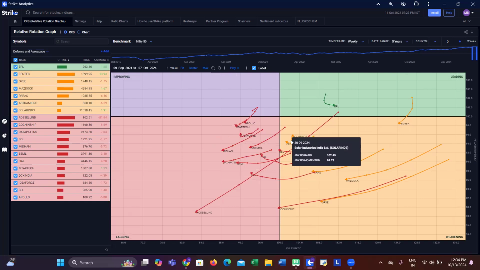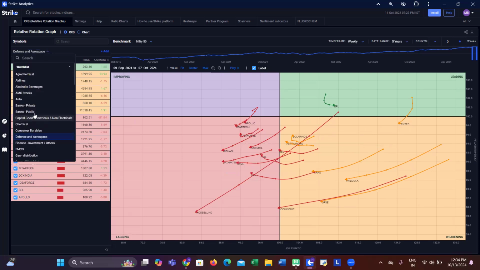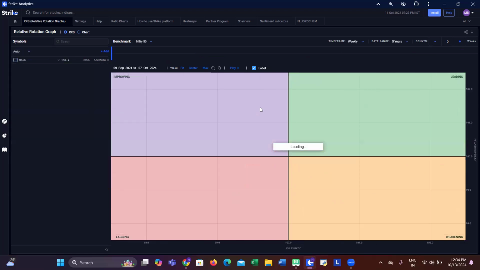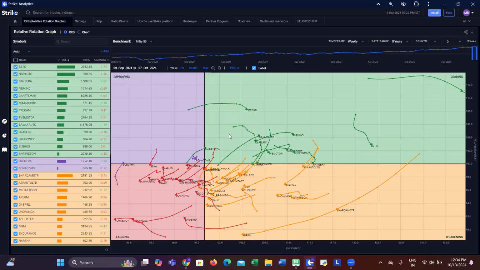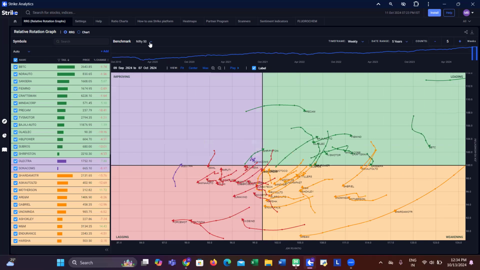Yeah, solar industry, I can see a slight movement towards leading from weakening. So this is very interesting to see, and any changes would give us quick information about it. So let's look at auto. Just a minute. Yeah, let's change to 500.